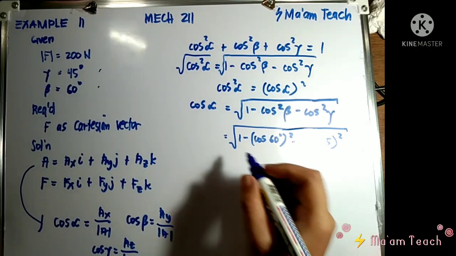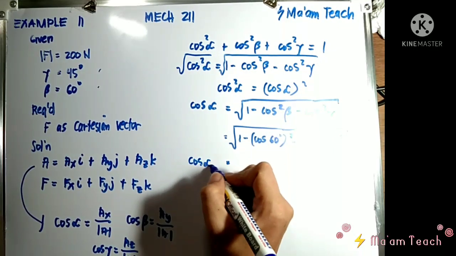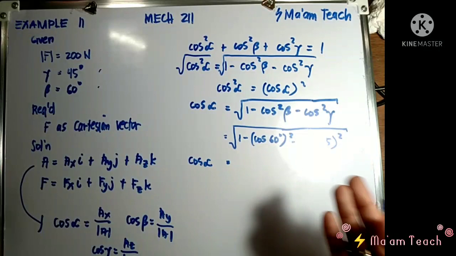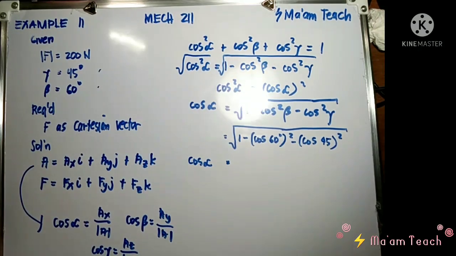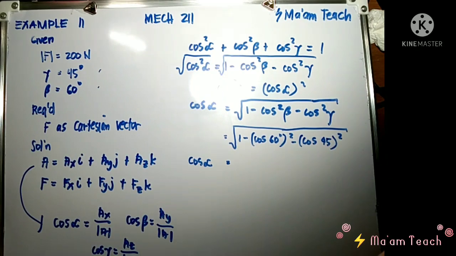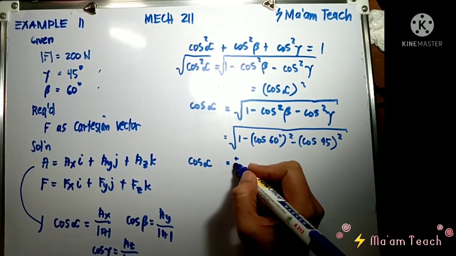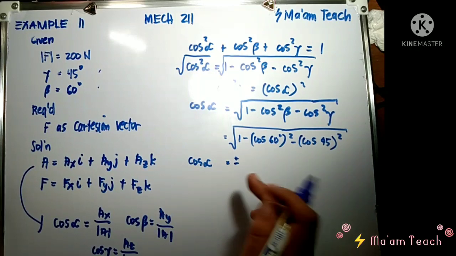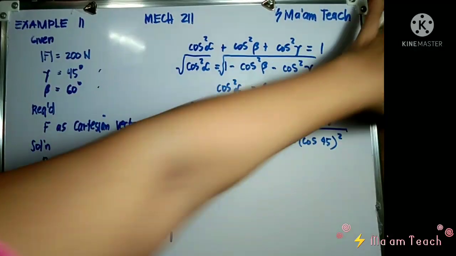There. So take note, class, that in this case, since we are getting the square root, if you could recall, in a square root, how many values can we get? There are two, which is the positive and the negative. So whatever value here, it has a positive and a negative value.